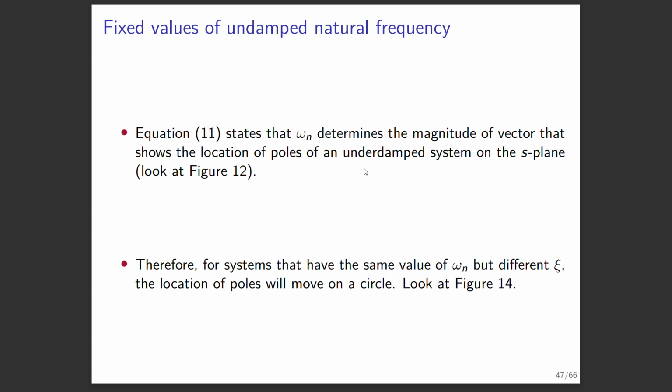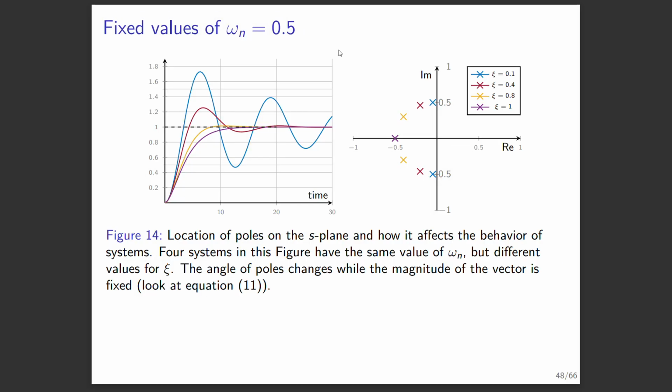Now, what if we fix the undamped natural frequency, or omega n? Well, if omega n is the same, remember omega n was the length of that vector r. So systems that have the same omega n but have different damping ratio are going to have their poles located on a circle because the radius is going to be constant, but their damping ratio is going to be different.